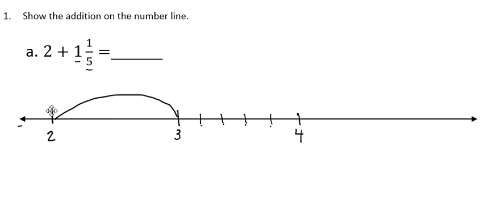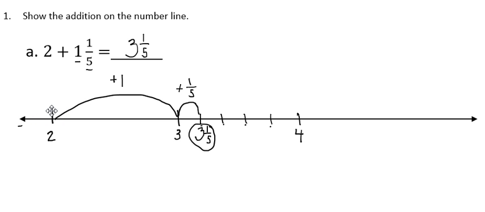Since I have to add the 1/5, I'm just going to do one hop. So the first hop was 1 whole, the second hop is 1/5, and I land at 3 1/5 for my final answer. So 2 plus 1 1/5 is 3 1/5.